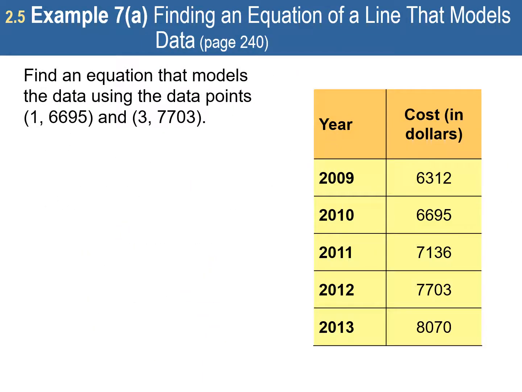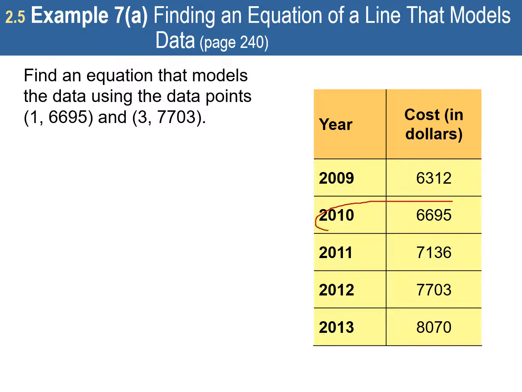You, of course, may have to adjust your graph a bit so it fits. So you want an equation that models the data. And in this case, we're going to pick the points (1, 6,695) and (3, 7,703). It didn't matter which two points we picked. Those were just two really nice points.